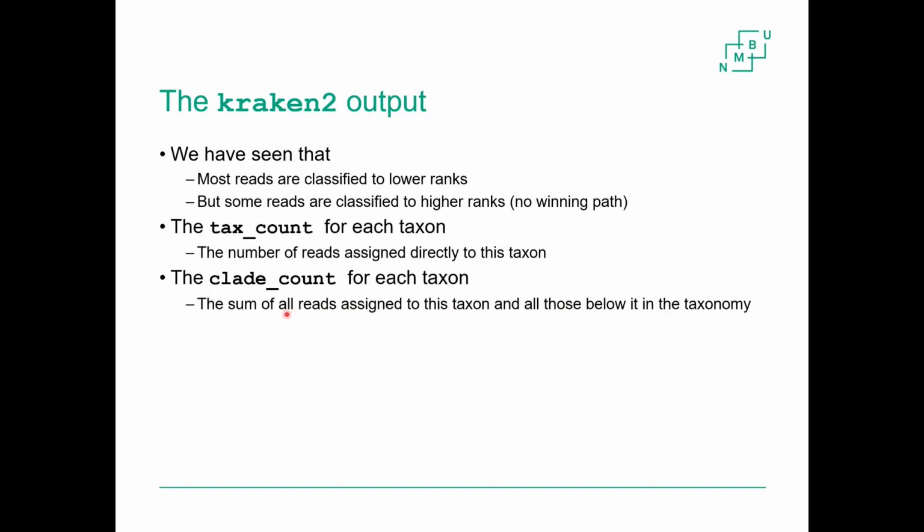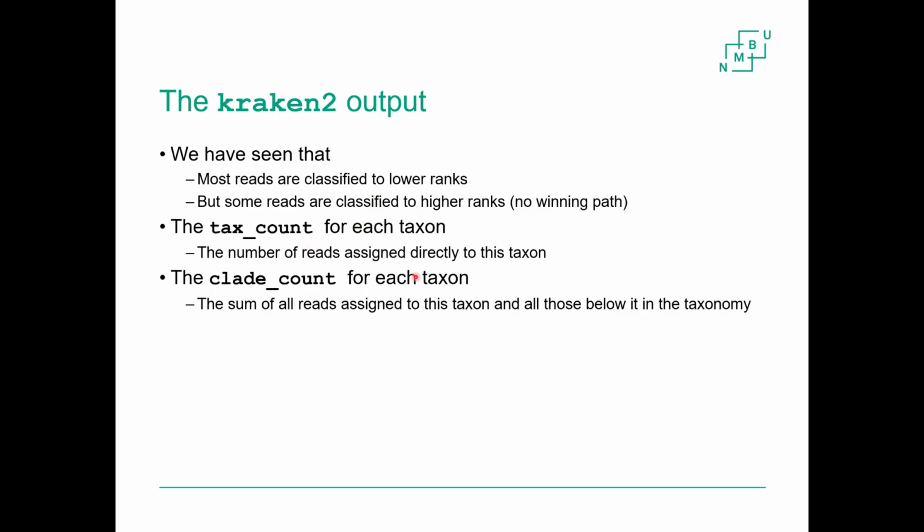So these numbers grow the higher up in the taxonomy you get, because it's sort of cumulative, right? All the read counts for the species are summed and added to the genus above them. And then all the read counts for the genera are summed and added to the family above them. And then the family values are added to the order, and the order values to the class, and so on and so on.